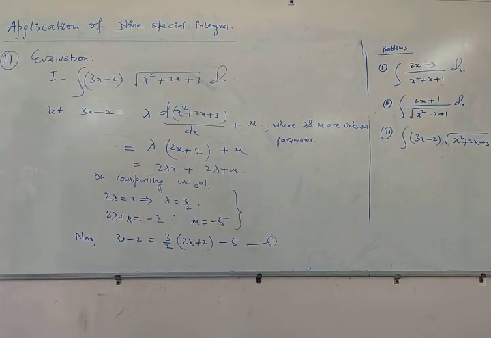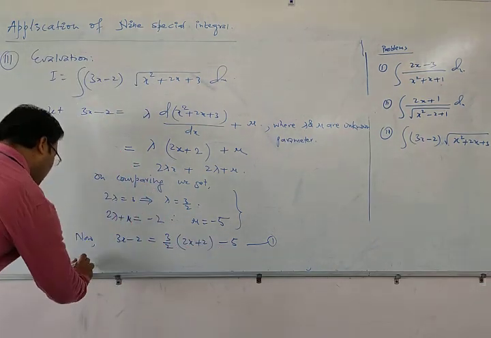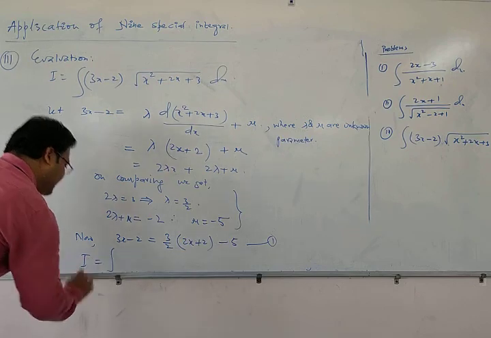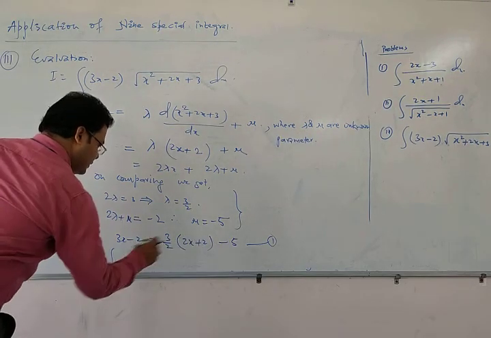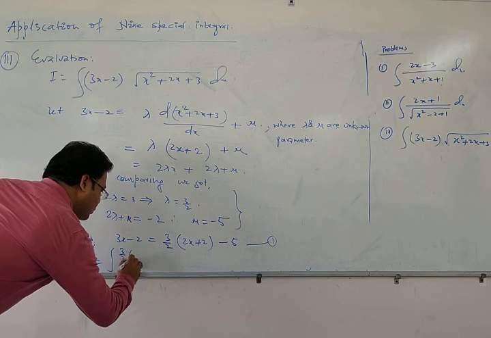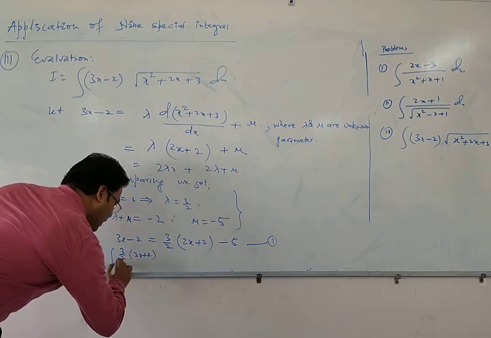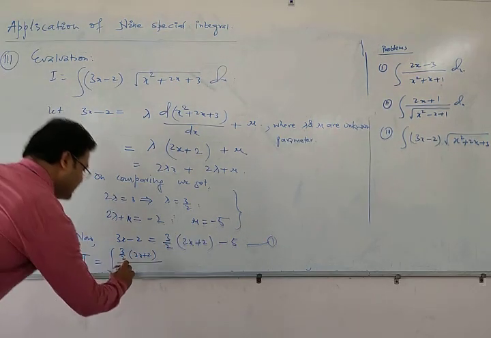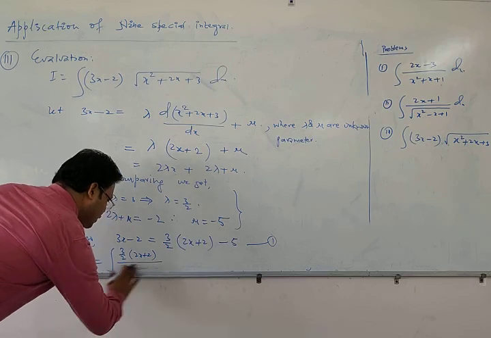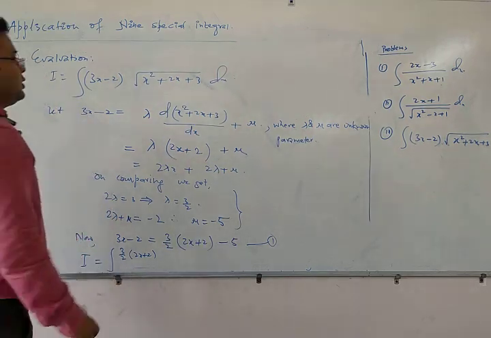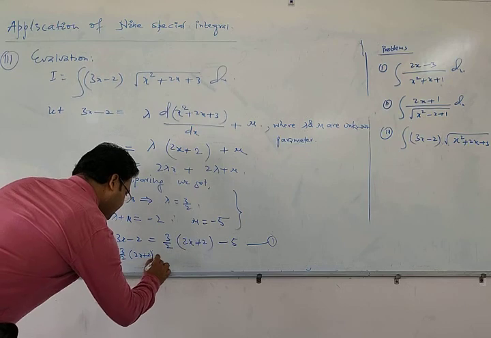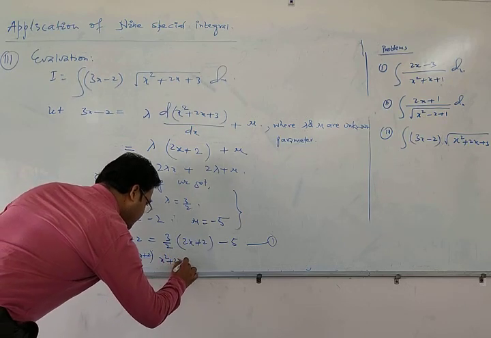Now in place of the linear expression 3x minus 2 in the given integrand, you have to write this. So I becomes the integration of this. So you can write 3 by 2 into (2x plus 2) upon the square root of, you have to write this, x square plus 2x plus 3.